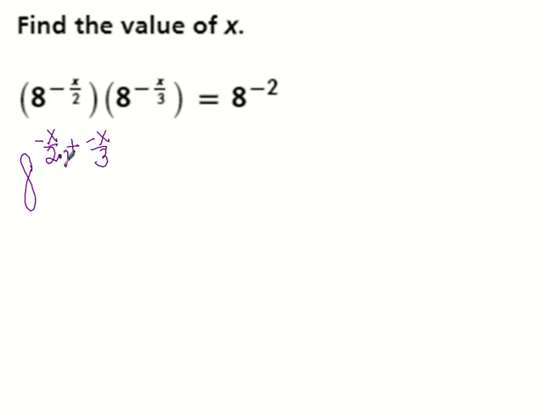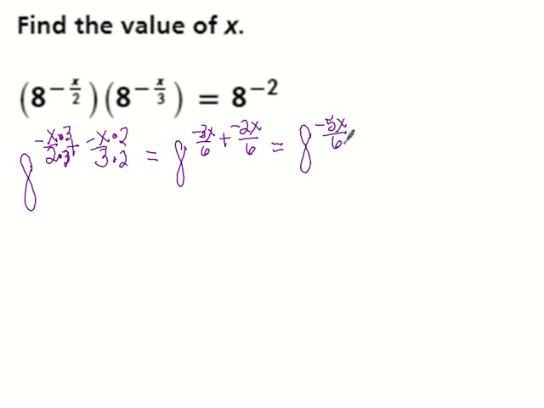So we're going to go times 3 times 3. And then I'm going to times these by 2. We'll get 8 to the negative 3x over 6 this time, plus negative 2x over 6. And that's going to get me 8 to the negative 5x over 6. And remember, that's going to equal 8 to the negative 2.